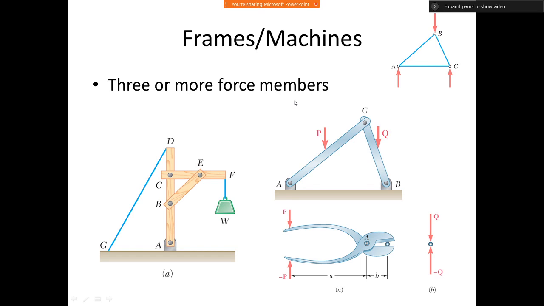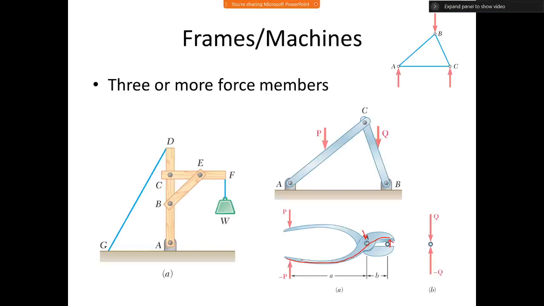And then machines are also similar, but they can move, right? For example, this example of a plier that you are seeing here. If you consider this member, this is one rigid body, but it is acted on by one force here. There will be another force at point A, and then another force at this point.